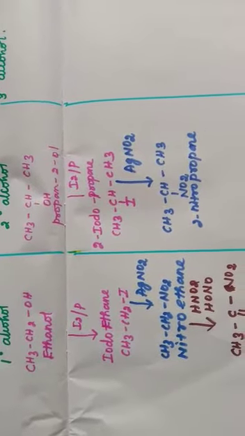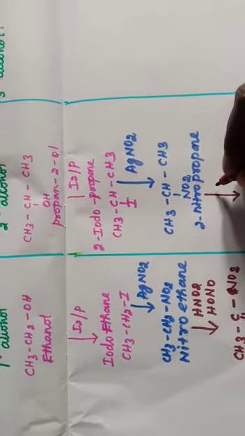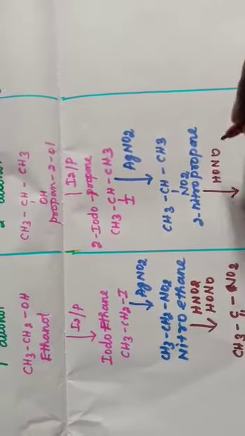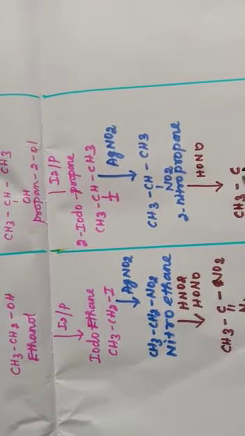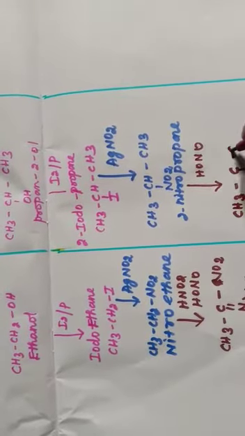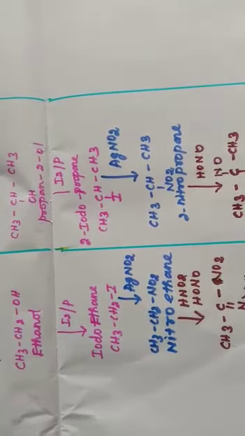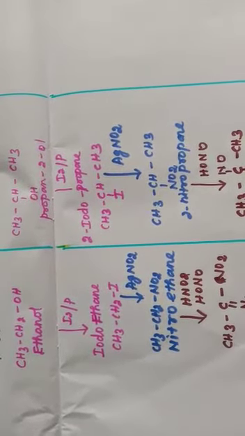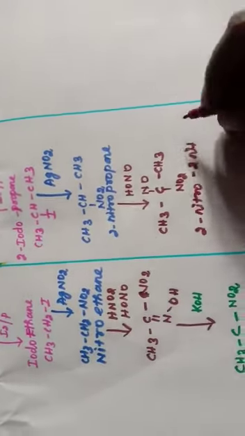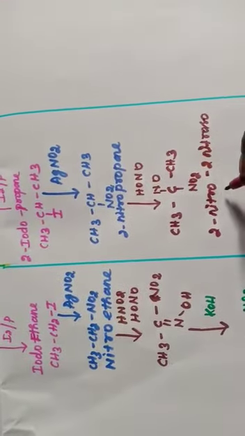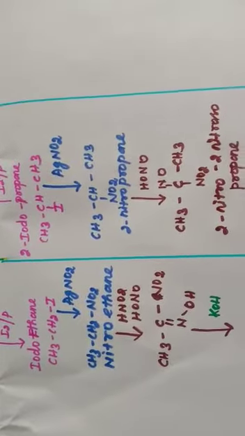Now this 2-nitropropane is treated with nitrous acid, HONO, and we will be getting CH3C(NO2)(NO)CH3. The name of the compound is 2-nitrosopropane.